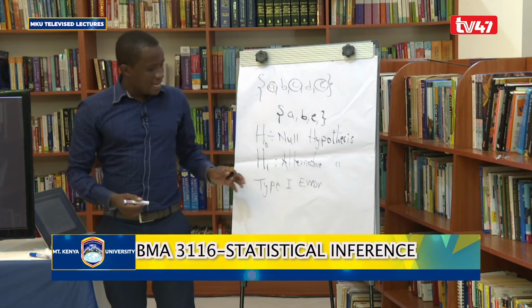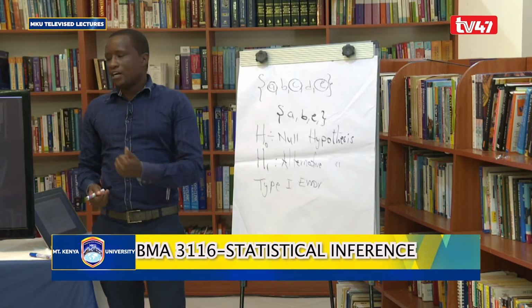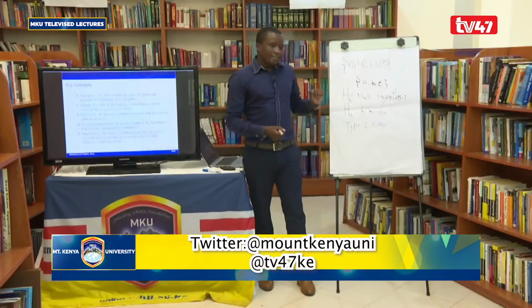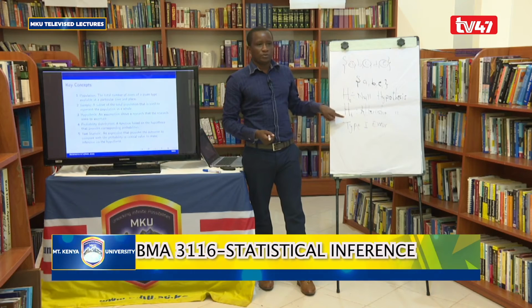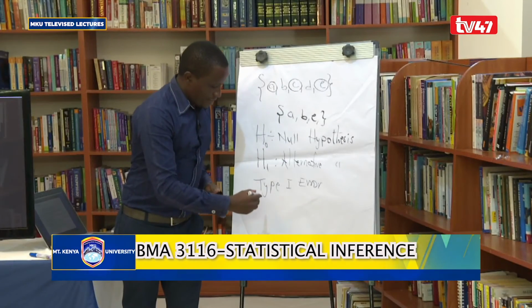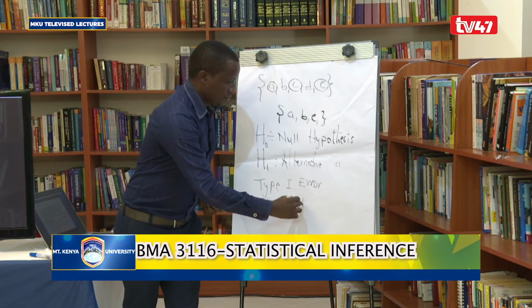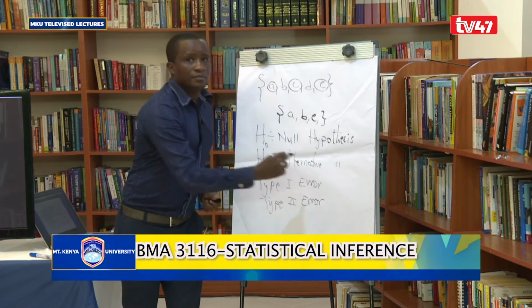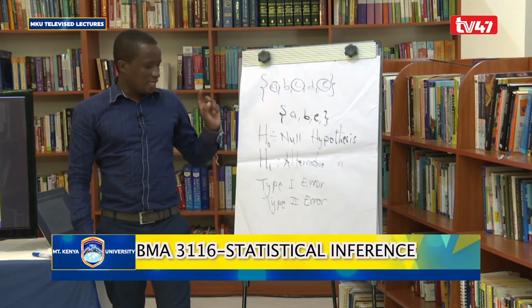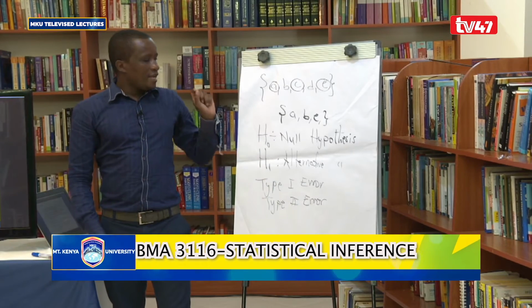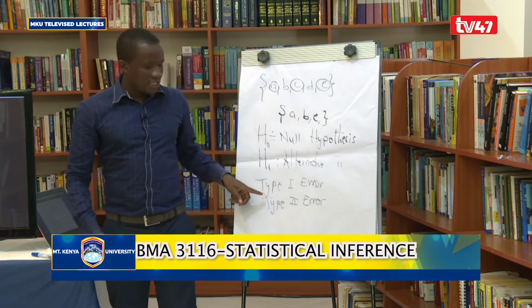So type 1 error is the error of rejecting H naught when it was actually true. Then you might accept H naught when H1 is true. That means you have made type 2 error. So the error of rejecting H naught when it's true is called type 1 error. The error of accepting H naught when it is false is called type 2 error.